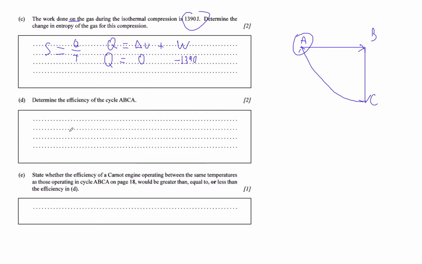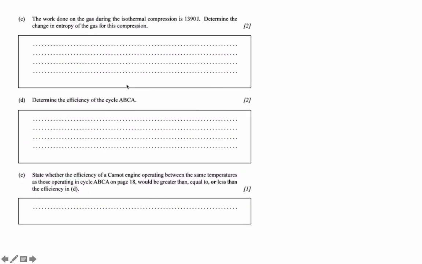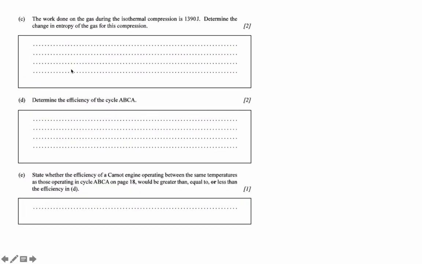So then it says determine the efficiency of the cycle ABCA, right? Okay, so remember on this side here, you figured out the work done by the gas, yeah? Okay, here they're telling us that the world does 1390 joules back on the gas, right? So the net work is going to be whatever the answer was for B part 1, the work by the gas, minus 1390, right?